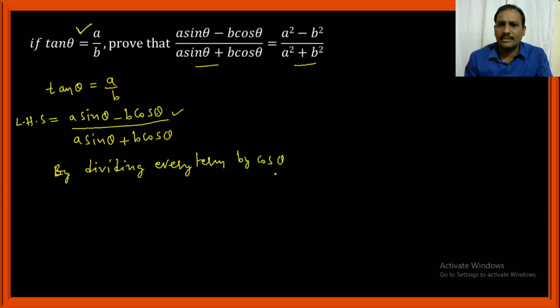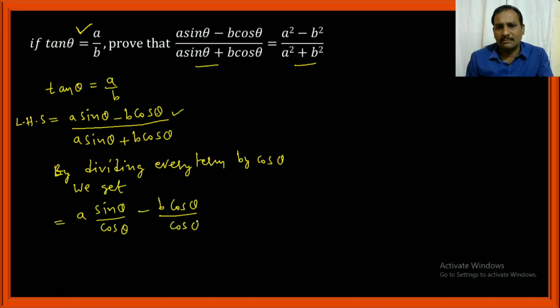So what you will get? We get it as A sin theta by cos theta minus B cos theta by cos theta by A sin theta by cos theta plus B cos theta by cos theta.